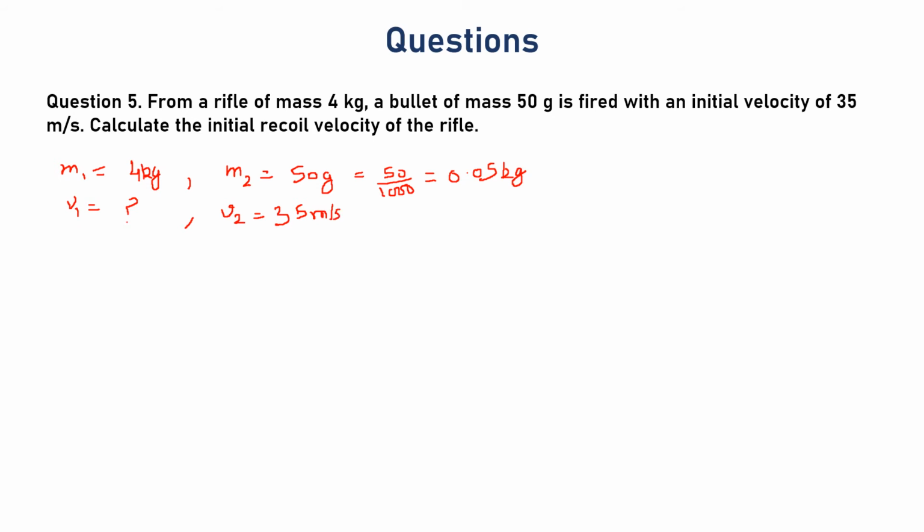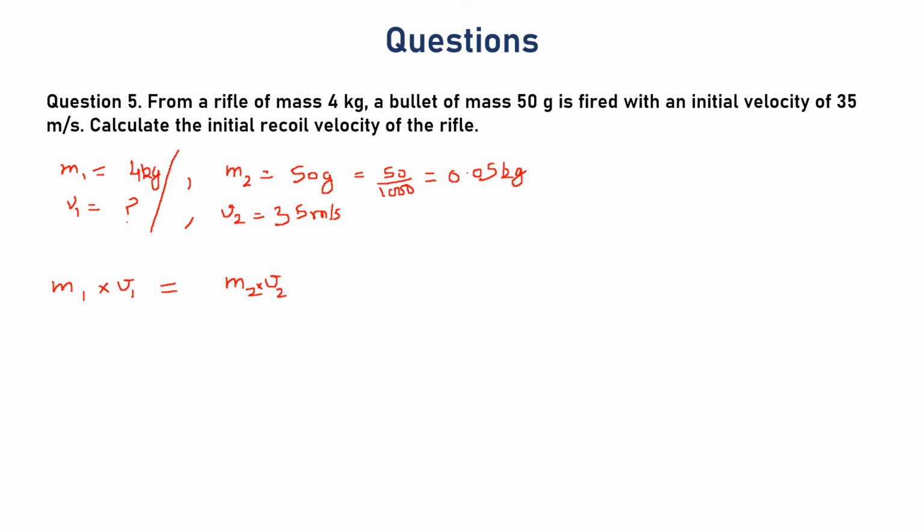Now the momentum of your rifle should be equal to the momentum of your bullet, right? So what is the momentum? M1 into V1, equals the momentum of the bullet, M2 into V2. You can put a multiplication sign.